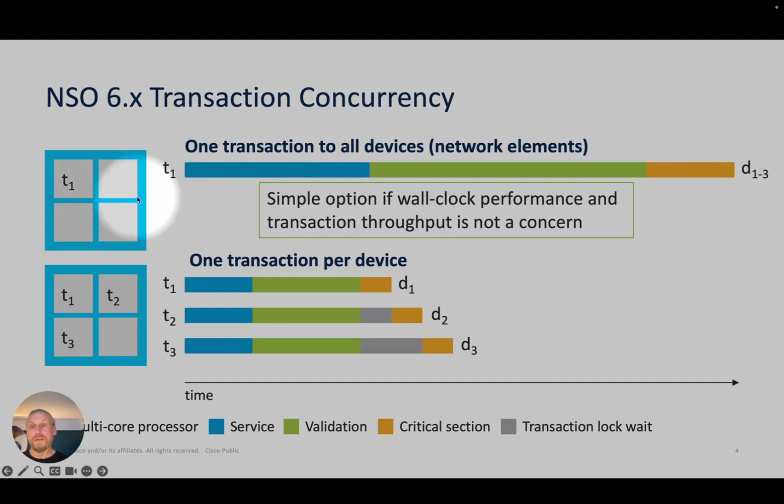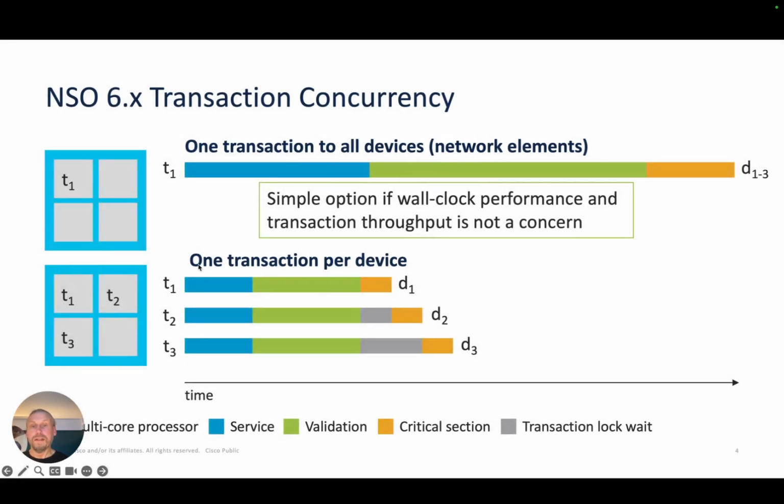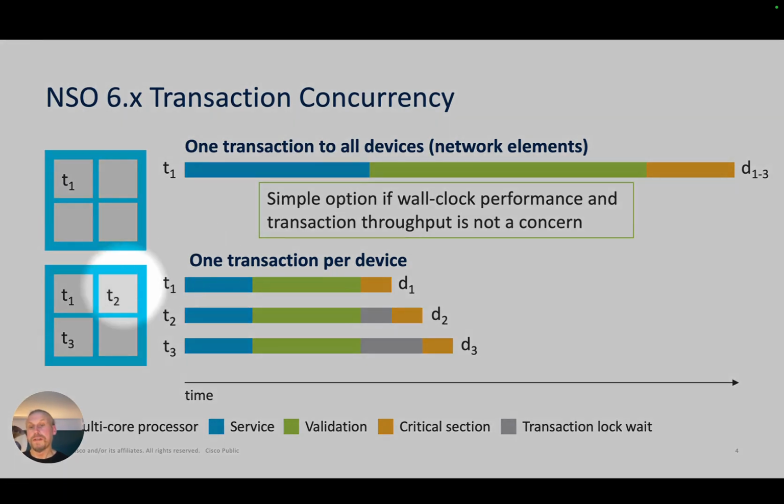What you can see represented here is a multi-core processor, and this kind of transaction you would run just on one core, everything being done one by one. On the other hand, if you want to optimize for wall clock performance and do this fast, let's say you have 3 transactions, you can parallelize those 3 transactions, for example with multiple RESTCONF patch requests where you run transactions in parallel.